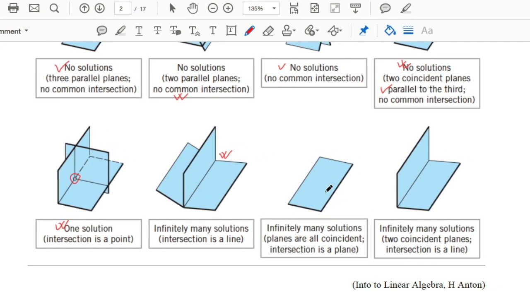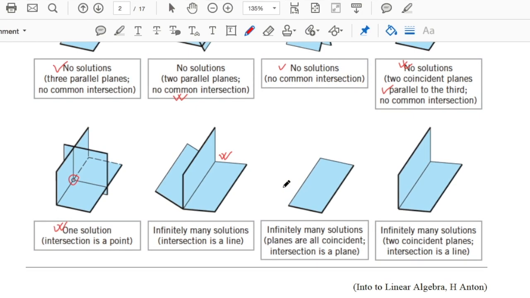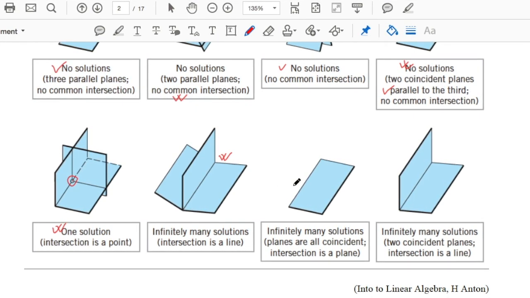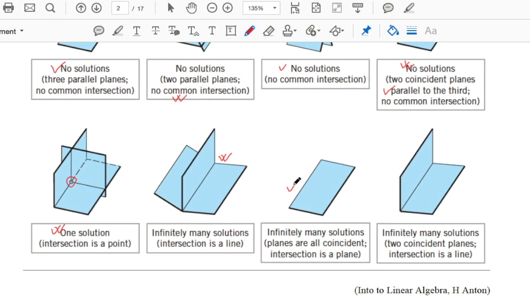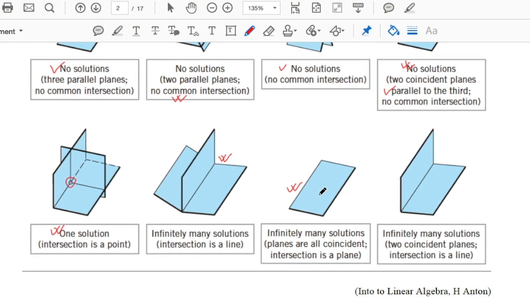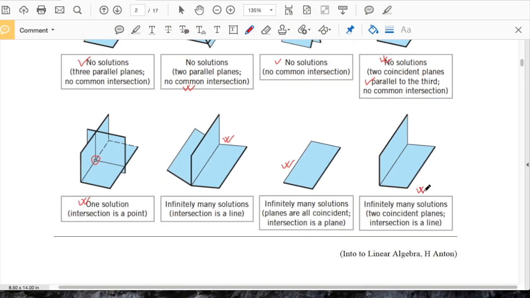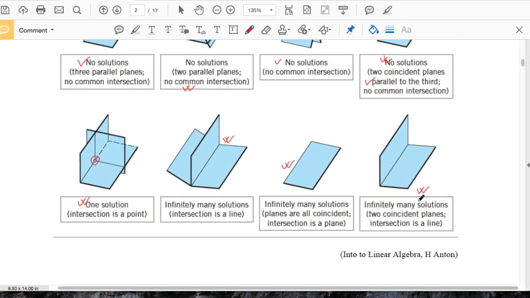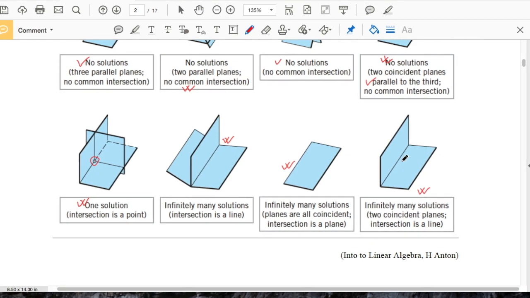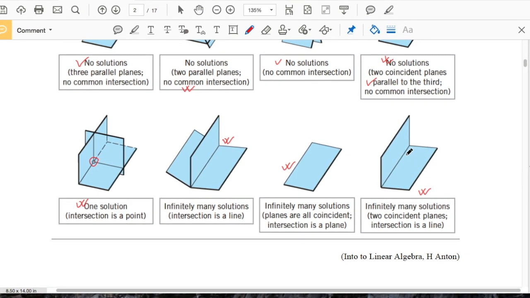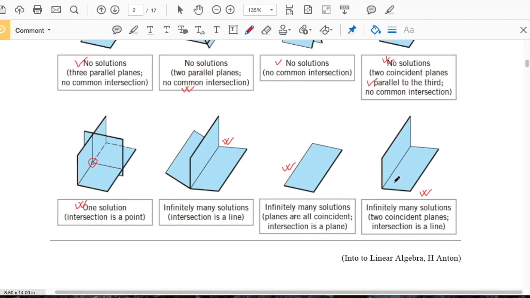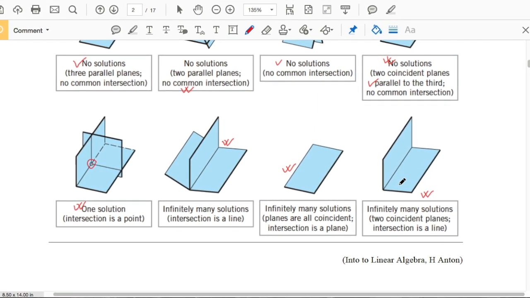And in this case, all three planes coincide with each other, so there are also infinitely many solutions. And here two coincident planes intersect the third one in a line, so there are also infinitely many solutions.